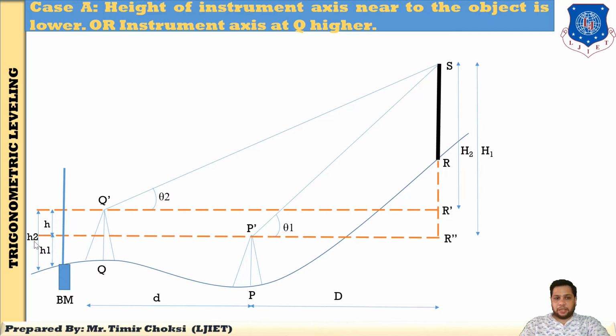So small h2 minus small h1 equals h, and capital H1 minus capital H2 equals small h. What are capital H1 and capital H2? They are the heights from stations P and Q respectively.